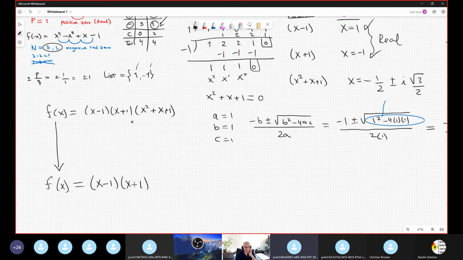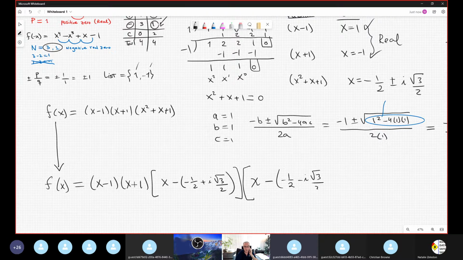So now here we have bracket, I like bracket, is x minus parenthesis -1/2 plus I radical 3 over 2, close the bracket, another bracket, x minus -1/2 again minus I radical 3.